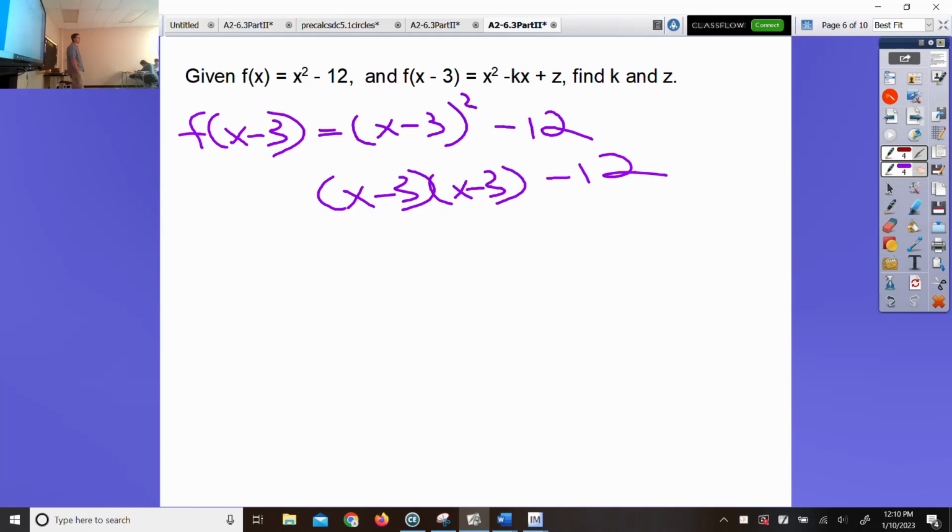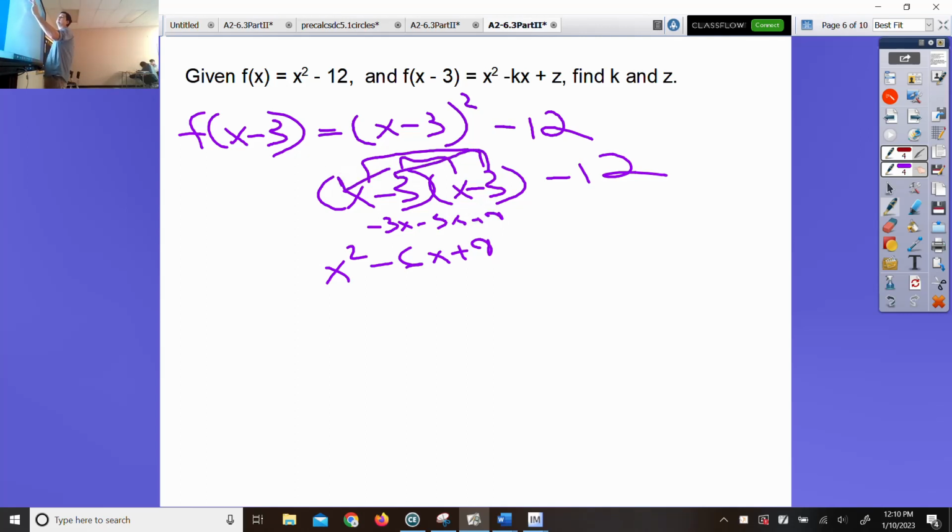What's x minus 3 times x minus 3? X squared minus 6x plus 9. I don't disagree with that. No work shown, but that's a negative 3x plus 9. You know, not wrong. Put it back together, what do you get? X squared minus 6x minus 3.